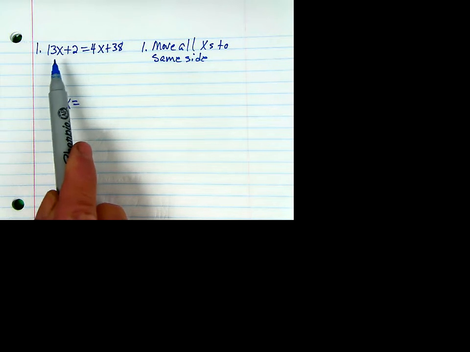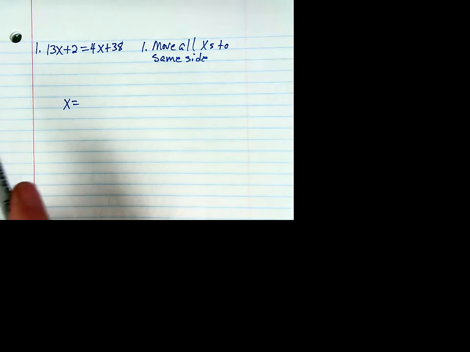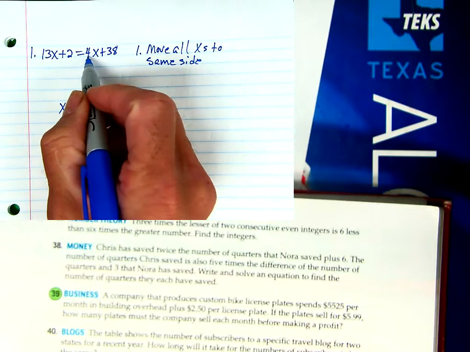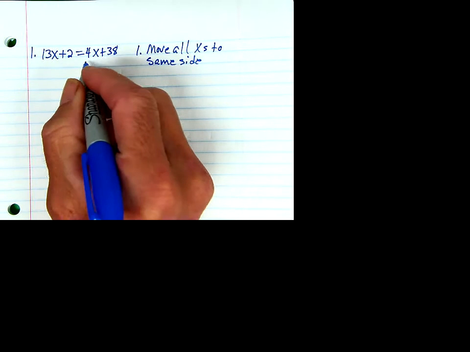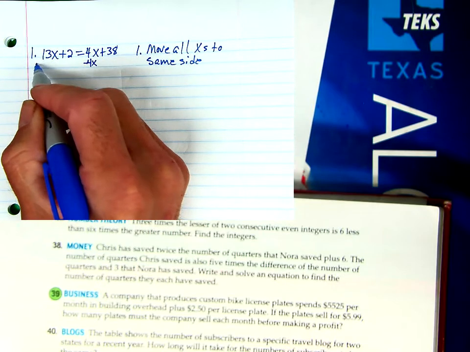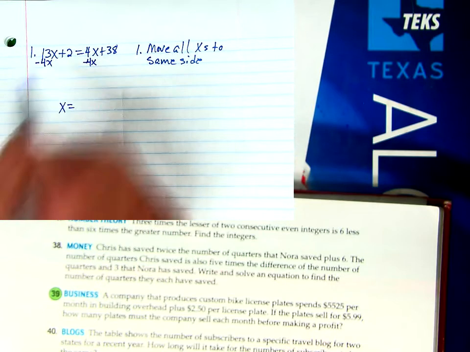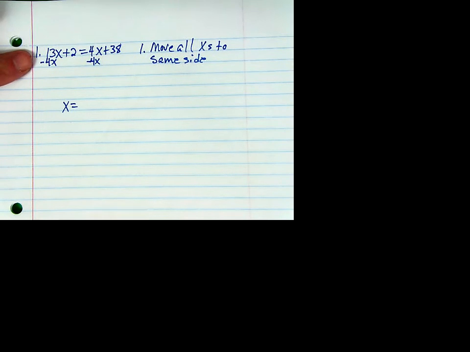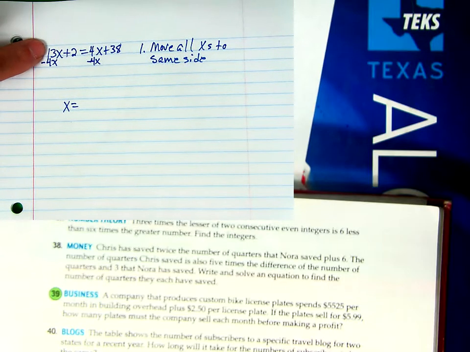Somebody remember why that was? So we don't end up with negatives, hopefully. This is positive 4x, so the opposite is minus 4x, minus 4x. Over here on the left-hand side, I'm writing that minus 4x right below the x's that I have on the left-hand side.